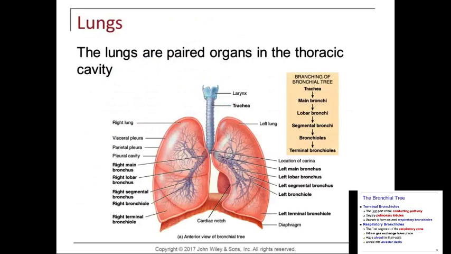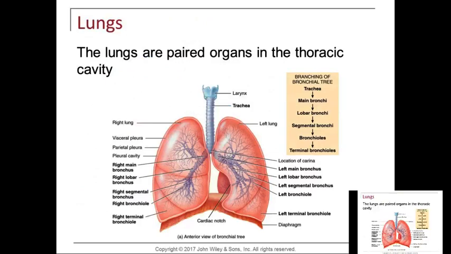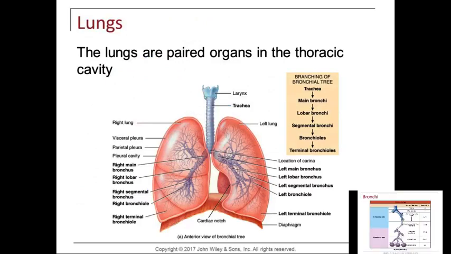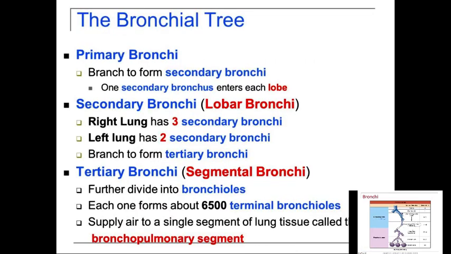So if you want to go back and you go here, there's the respiratory zone, right? You got those respiratory bronchioles, alveolar ducts, and alveolar sacs again. Remember the terminal bronchiole right here, that's the end of the conducting zone. And now the respiratory bronchioles begin the respiratory zone.